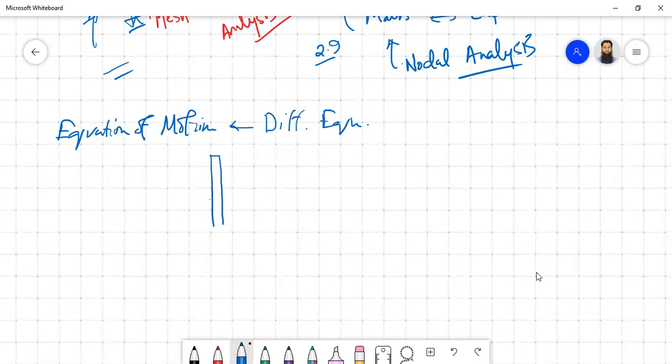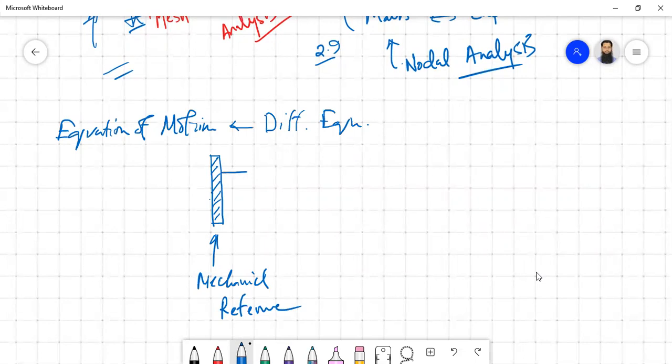Say we have a reference. In electrical, we have a ground. In mechanical, we have the reference like a solid body or solid surface that doesn't move. This is the mechanical reference, something that doesn't actually change its position.